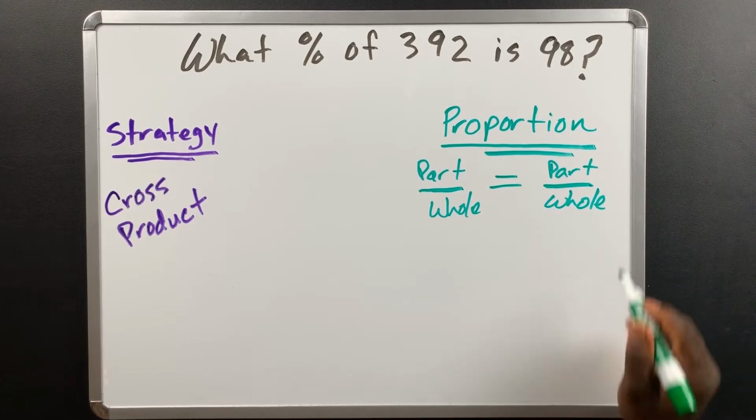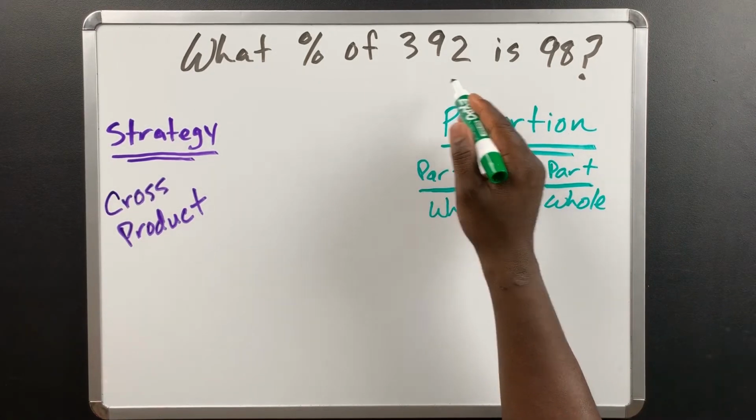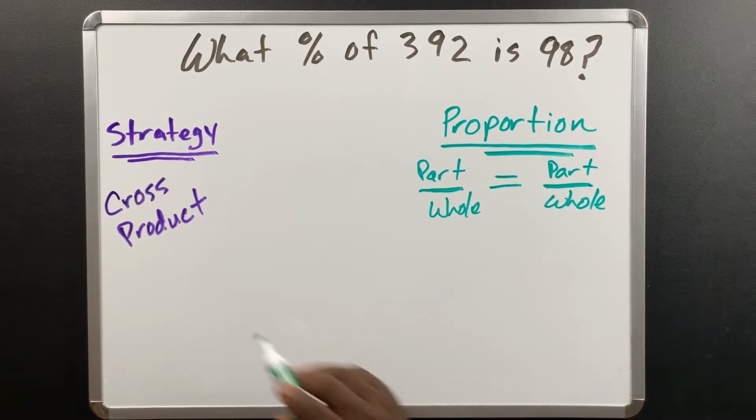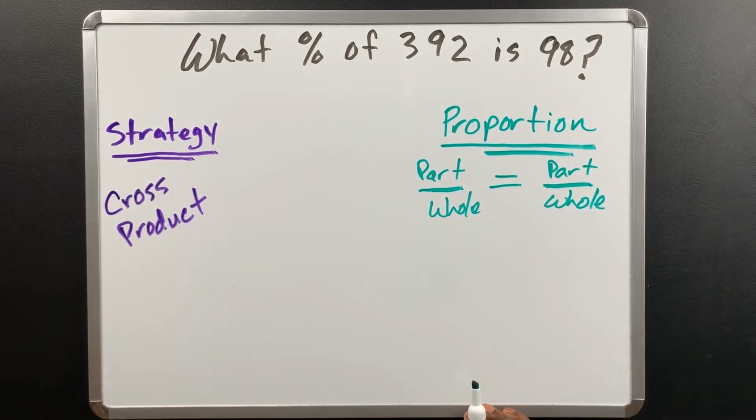Excellent. So we're going to translate again. We're going to take this question, set it up as a proportion, and then use the cross product to solve it. So what I'm going to do is read this question part by part and set it up as a proportion.